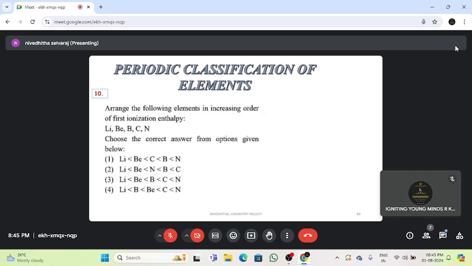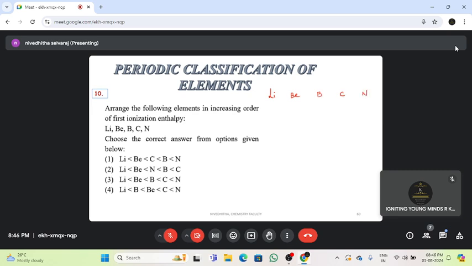Next, this question. Arrange the following elements in increasing order of first ionization enthalpy. Very simple, but you have to apply all those factors here. Lithium, beryllium, boron, carbon, nitrogen.